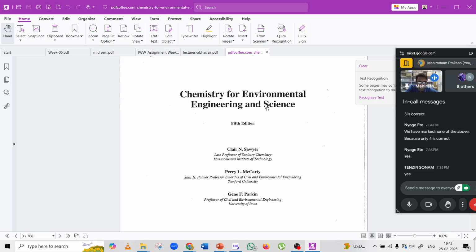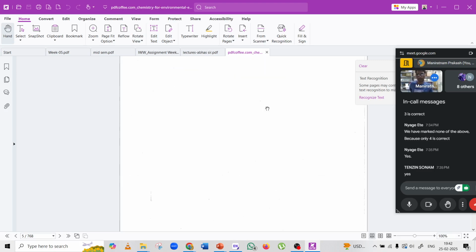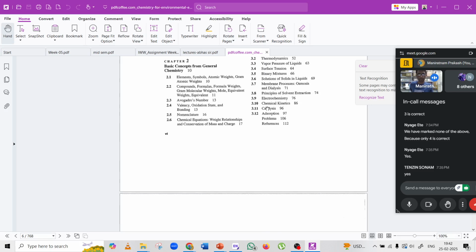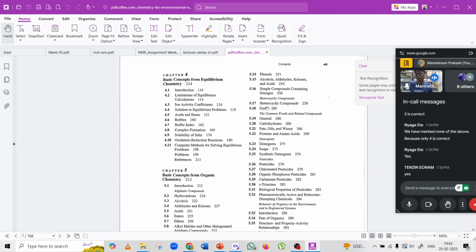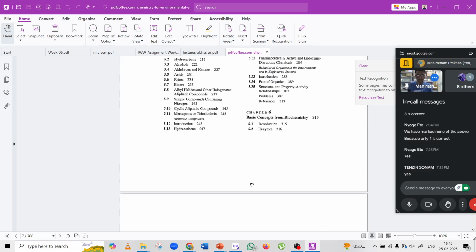This is a really nice book for all kinds of tests, hardness, alkalinity. Here you will get the tests and how different types of conversion are done. Just read it. You will have an idea if you are interested in environmental engineering. I think if you are sitting here, you must be interested in environmental engineering.